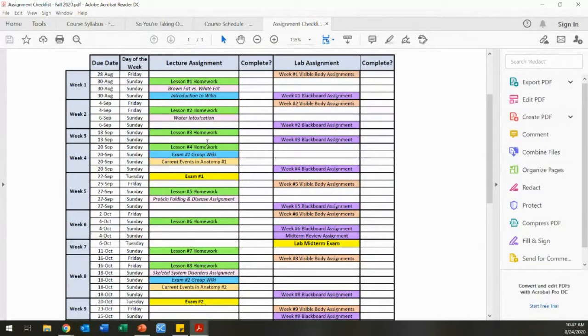So for all of these assignments, except for the wiki and current events and anatomy, you can 100% do it as many times as you'd like. Same thing with Visible Body and the Blackboard lab assignments. The text might be funky from an old semester. So like I mentioned, if you can let me know which ones still say that, I will make sure to go in and delete that information.